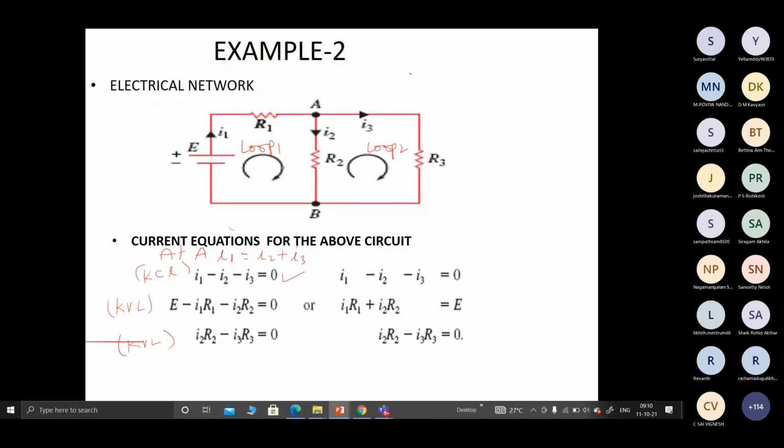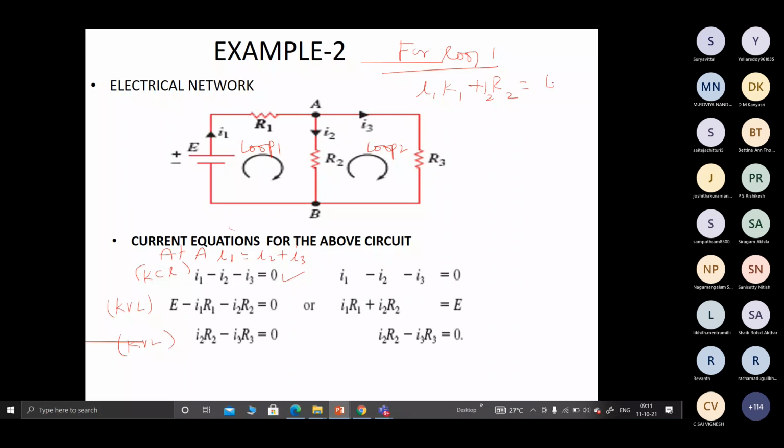Now for loop 1, we will write one equation. What is the voltage drop across R1? I1 times R1. And the voltage drop across R2 is I2 times R2, which equals the applied voltage.